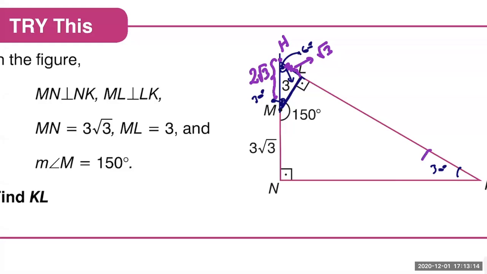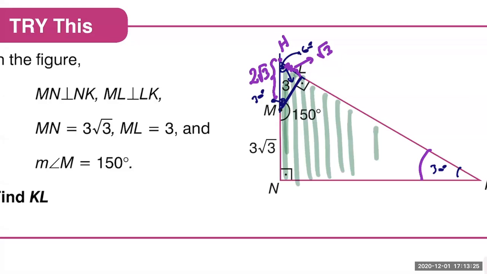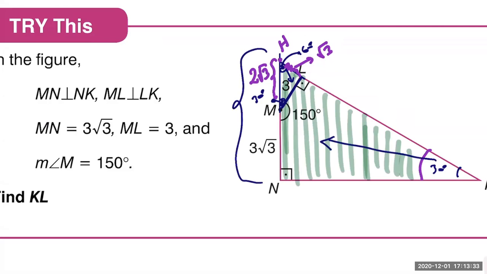So now when we think of the big whole triangle, what do we see? The length right across the 30 degrees is 5 root 3.